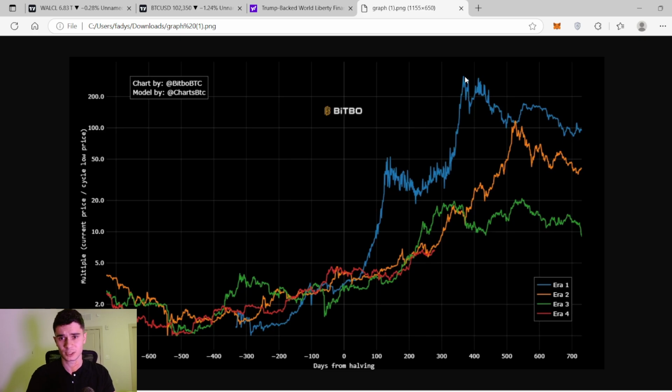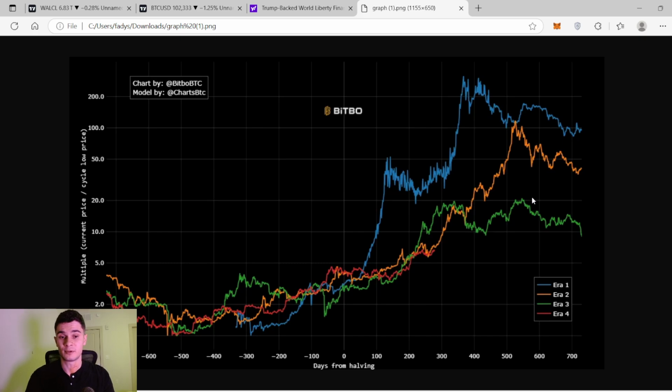Of course, we're probably not going to see that in this cycle. Then the second cycle, the yellow line, Bitcoin did around 100x. And then this third cycle, which was 2021, Bitcoin did about 20x from the bottom. Okay, and basically you can see that there is diminishing return in each cycle.